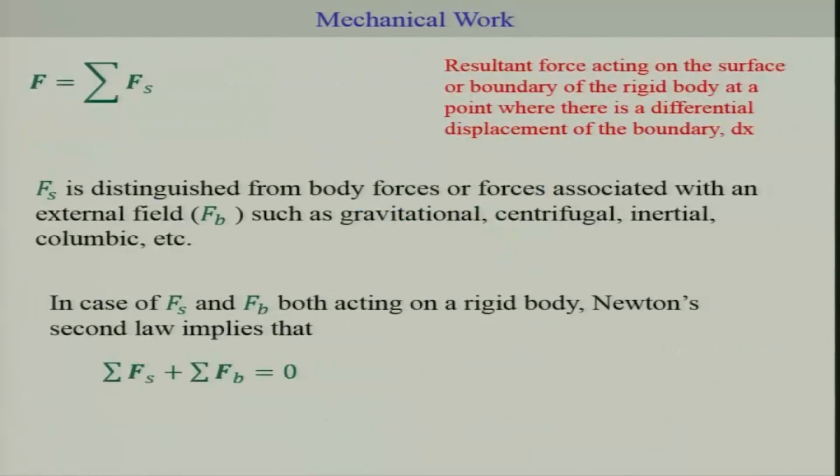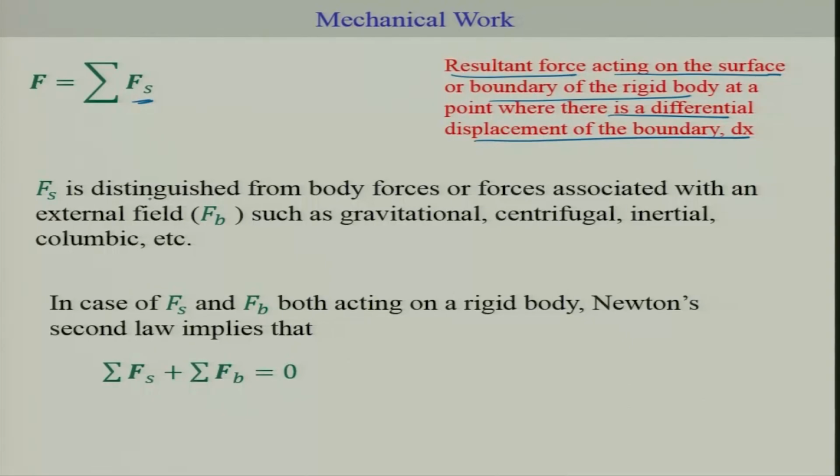So, what is F here? F is nothing but the resultant force acting on the surface or boundary of a rigid body at a point when there is a differential displacement of the boundary. Now, Fs is written here.